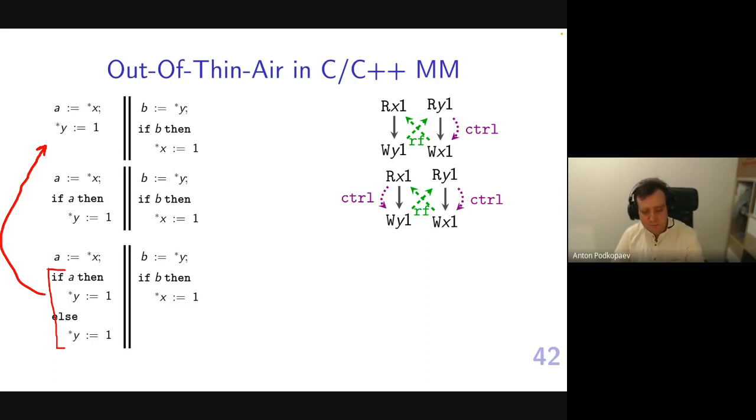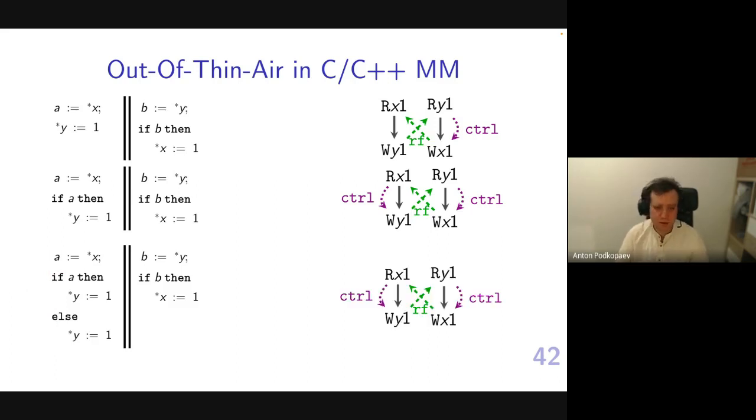However, if we construct the graph with the dependencies as we discussed before, this would lead us to both threads having control dependency.